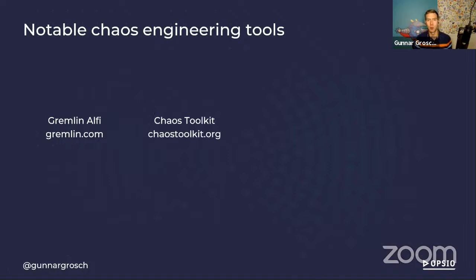Then we have the open source Chaos Toolkit. And the Chaos Toolkit is not specifically for serverless either, but they have a system that's built around plugins or modules, and some of those are aimed at serverless services, so we can use that as well.